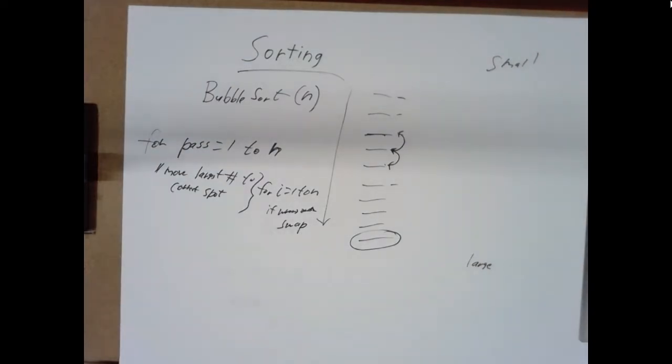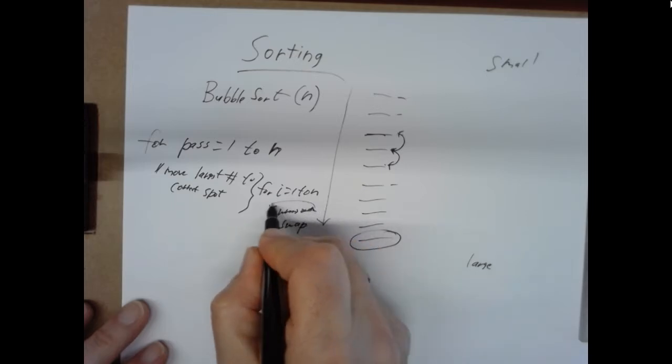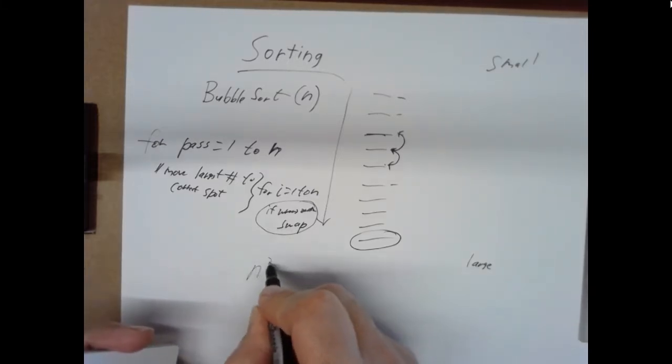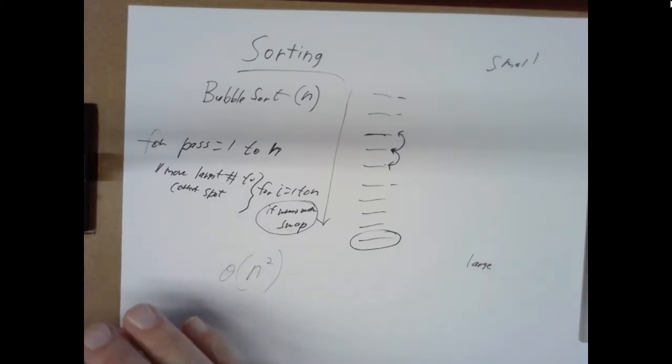So very, very rough estimate: how many times potentially are we doing this stuff in terms of n? Rough estimate, n squared. But you can do better than that. So how do we do better?